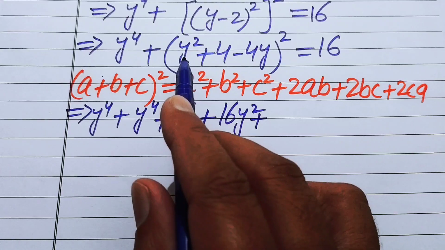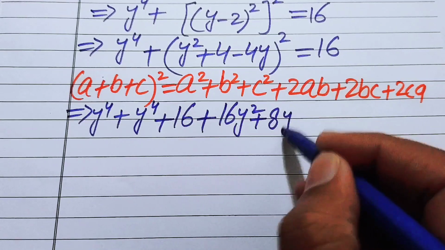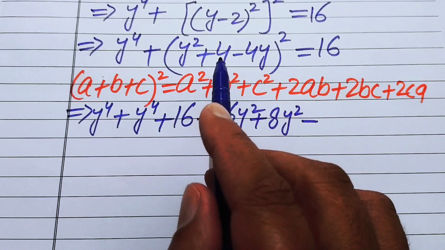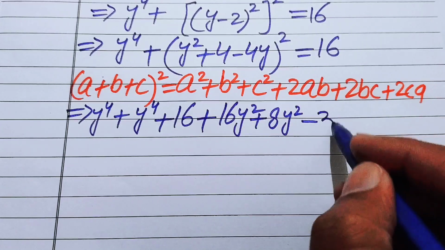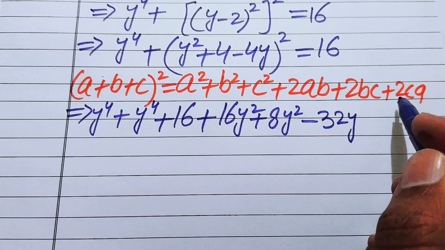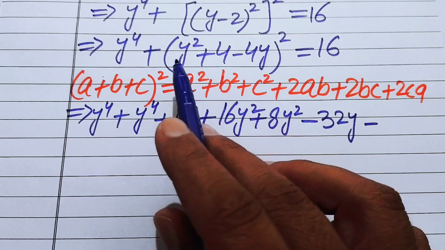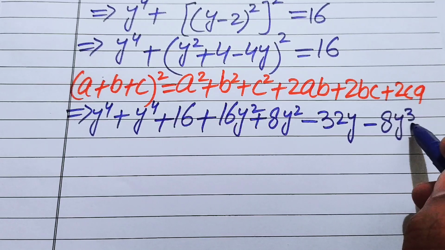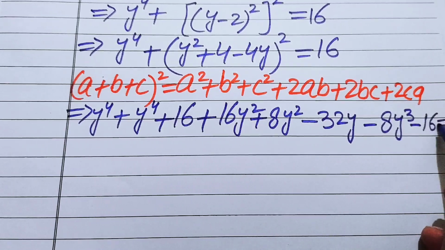So we have a as y^2 and b as 4, so you get 8y^2, and plus 2bc. Our b is 4 and c is −4y, and we get −32y, and plus 2ca, where c is −4y and a is y^2, and you get −8y^3. And we move the 16 to the left hand side and you get −16 equals 0.